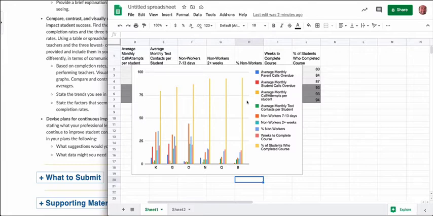And I would create a table for that. You can also put in the chart, the graph, just like I've shown here, and you can use that as your talking points as you work your way through the data.